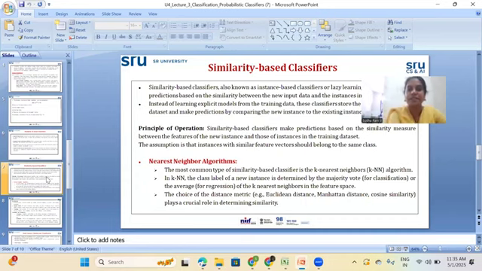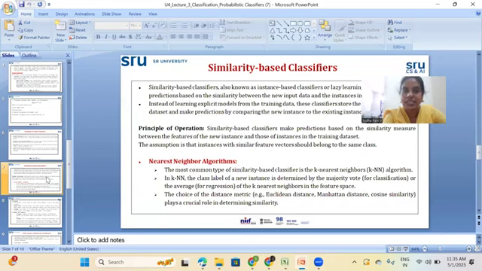Principles of operation. Similarity-based classifiers make predictions based on the similarity measures between the features of a new instance and those of instances in the training dataset. The assumption is that instances with similar feature vectors should belong to the same class. So here we have the nearest neighbor algorithm. The most common type of similarity-based classifier is k-nearest neighbor, called the KNN algorithm.